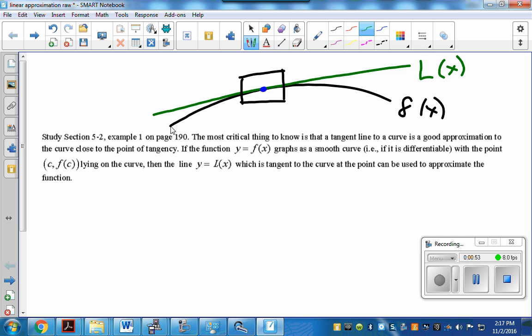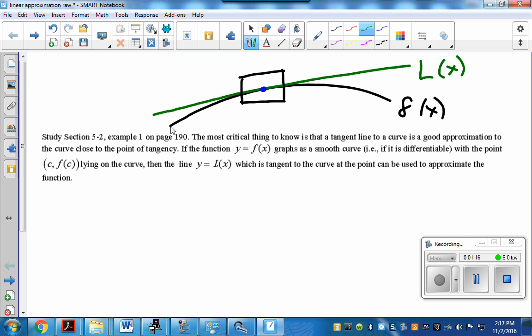And lines are easy to do. Lines are like Algebra 1 stuff, okay? And the curves can be pretty complicated. It could be a square root or a cube root or a sine wave or a log function or something really complicated. But if we want to figure out functional values, you could use a tangent line. And if you're close to that dot, the answer is going to be really close.